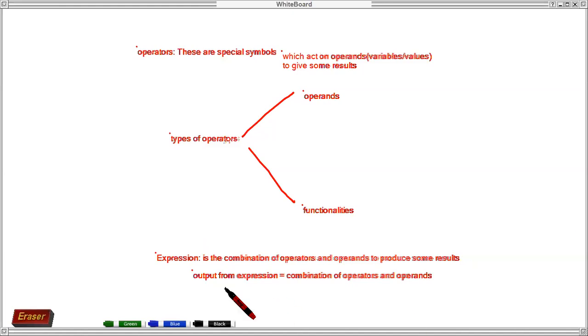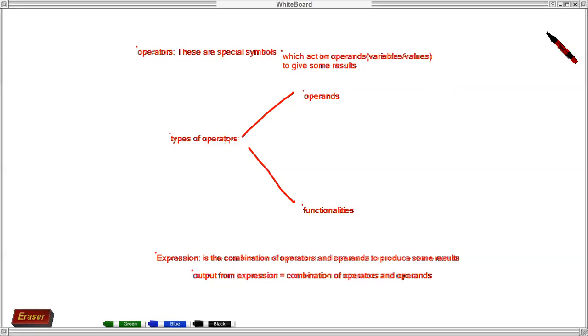So we have to form an expression; without an expression, no output can be obtained. To form the expression, we need operators and we need operands. Operands can be in the form of variables or in the form of constant values. So this is the outline structure of the relation between expressions, operators and operands.